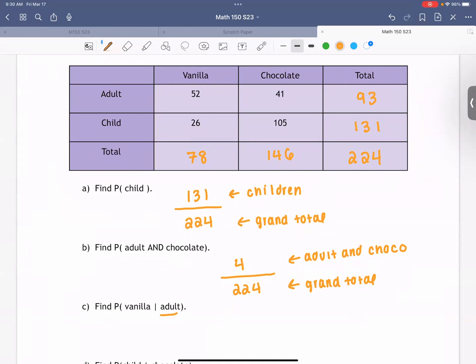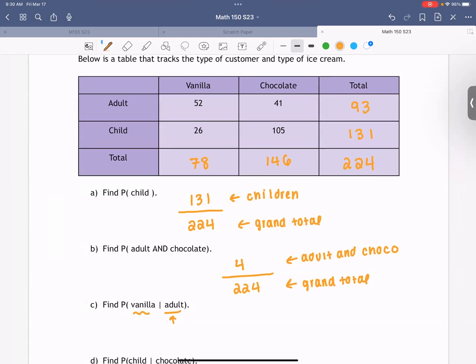I know the person I'm going to select is going to be an adult because I have all the adults right here. But I want to know the probability that I select someone who likes vanilla, just out of the adults, not including the children. This is a conditional probability, right?